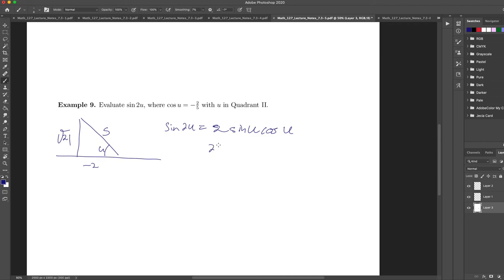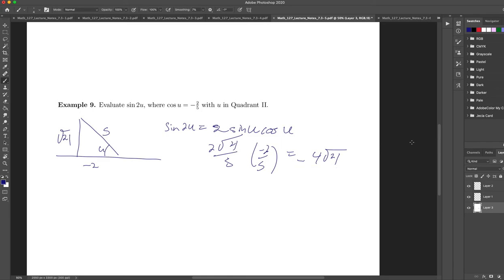So this is 2 times the square root of 21 over 5, and then minus 2 over 5. And so here we'll get minus 4 square root 21 over 5 times 5 gives us 25.